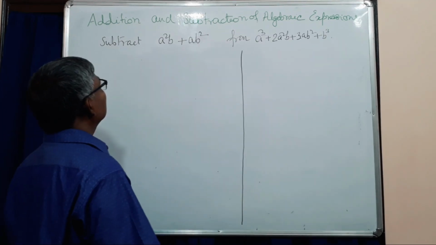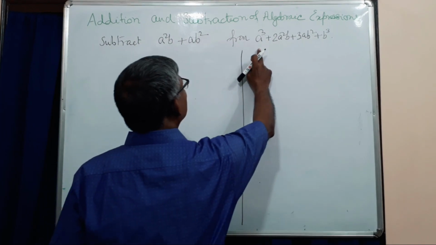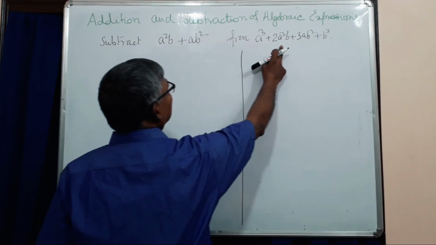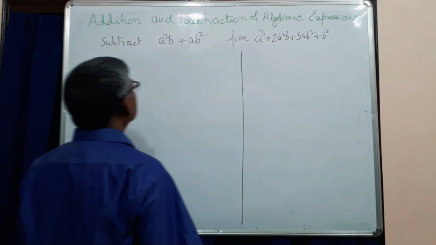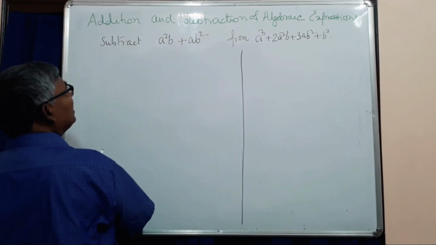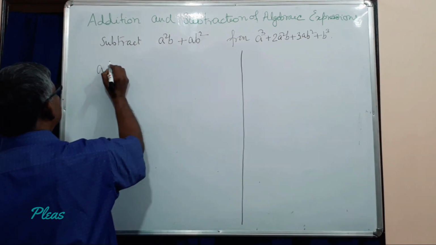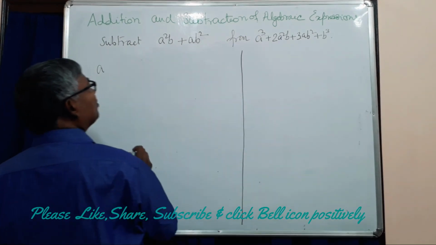Now let us subtract a square b plus ab square from a cube plus 2a square b plus 3ab square plus b cube. In horizontal method, horizontal subtraction, we can write, first write this in mathematical form.